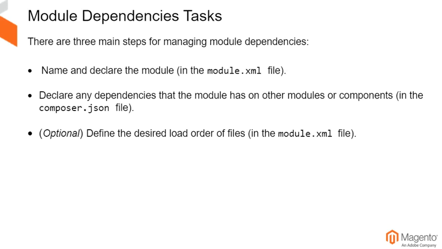If your app has external dependencies, for example, you need a third-party library for a module, you will need to use Composer. A module's hard dependencies, that is, all of the components upon which the module is dependent, are listed in the module's composer.json file. The load order of any dependencies on a module is declared using the sequence element in the module.xml file. You use the sequence node to define the load order for modules.